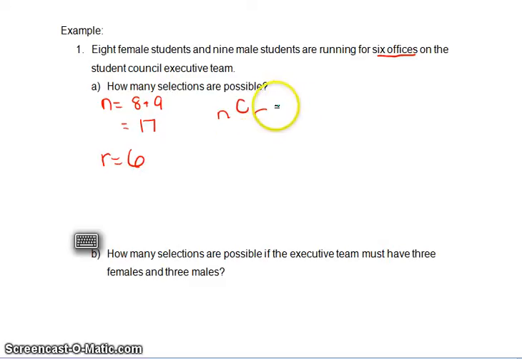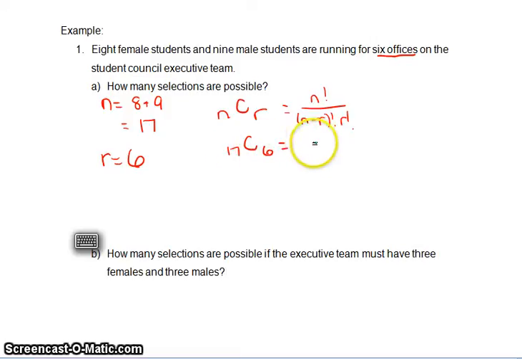Now to fill this in, I'll quickly rewrite the equation: N factorial divided by N minus R factorial times R factorial. Filling in what we know, 17 choose 6 is equal to 17 factorial divided by 17 minus 6 factorial times 6 factorial.